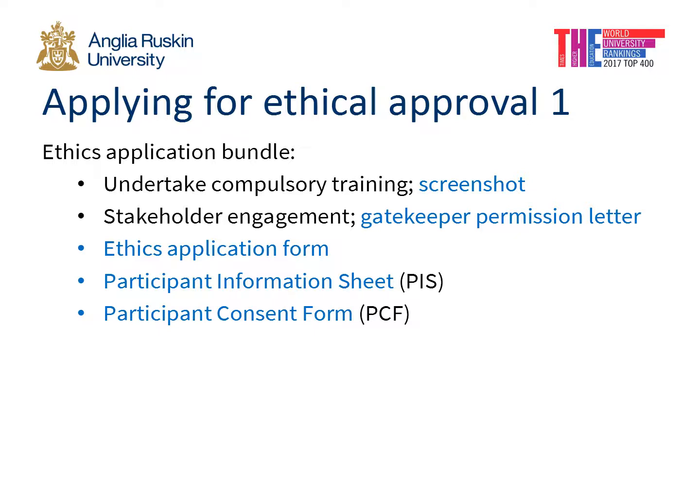Naturally, you need to include the ethics application form. You also need to provide a participant information sheet and consent form that is relevant to the research you are undertaking. The university does provide you with templates for these participant information sheets and consent forms.